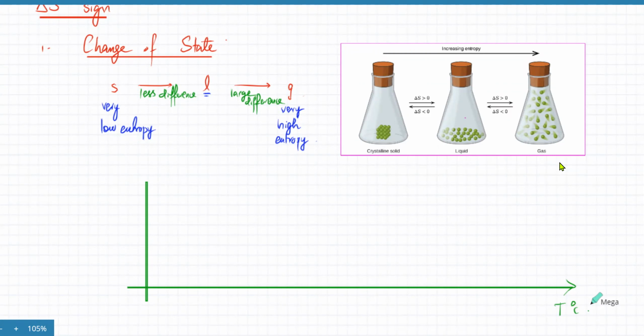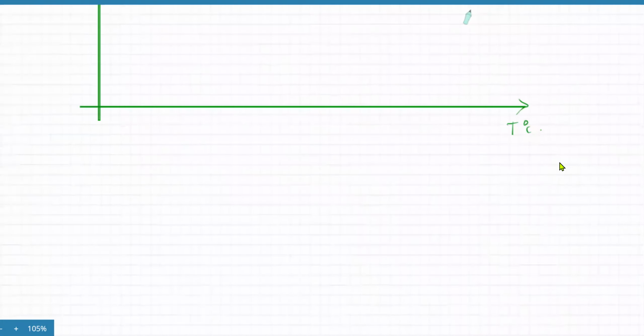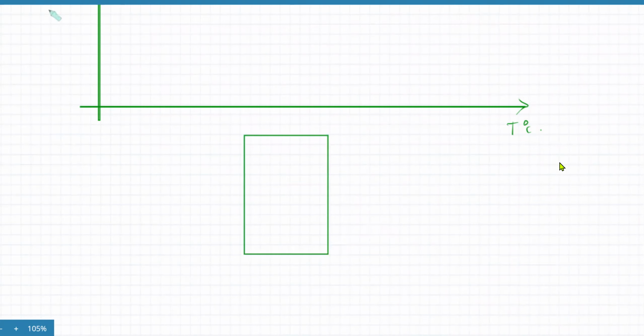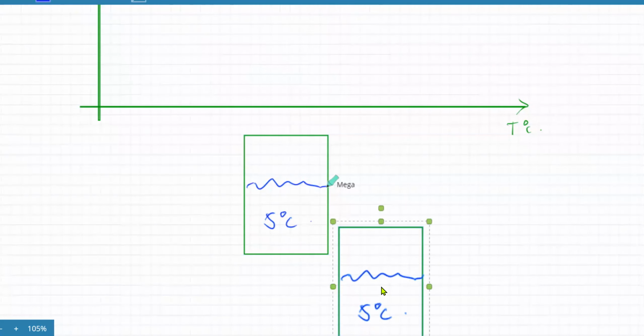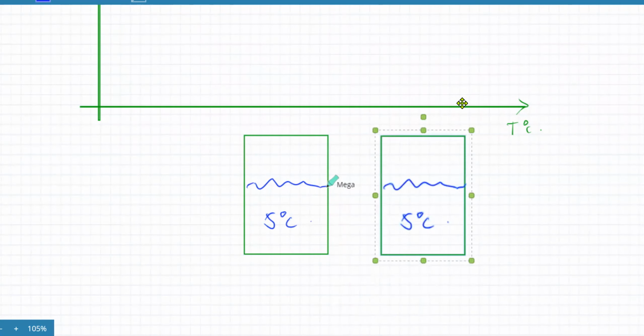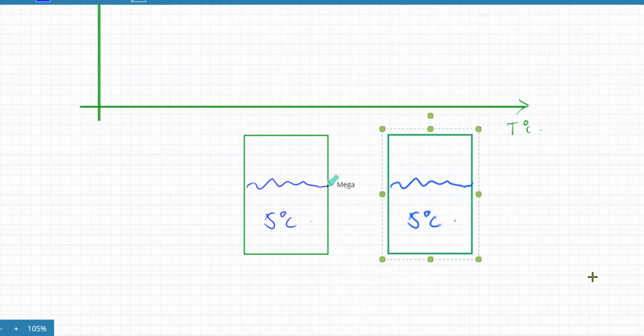Yes. Now, to clarify that, for example, I've got a container that's full of water at 5 degrees centigrade, and I start to heat it, and the container reaches a temperature of, let's say, 60 degrees centigrade.